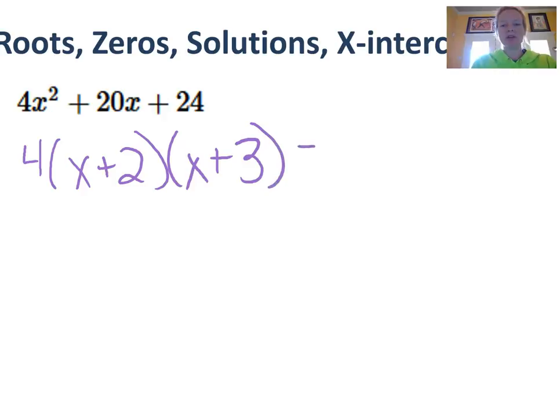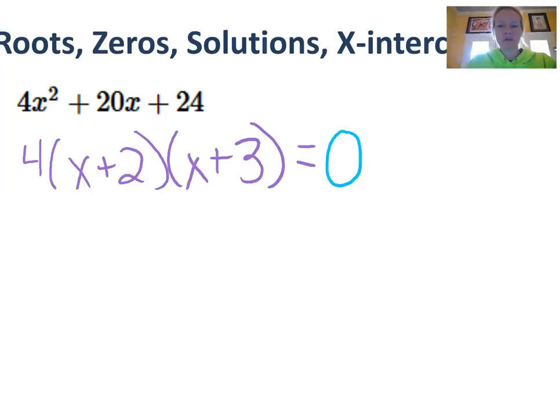And remember, this could be set to y. It could be set to f of x, because f of x is a fancy way of writing y. Or it could just be set to 0, okay?